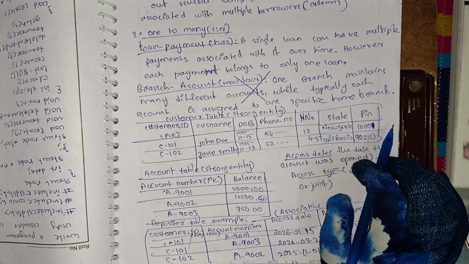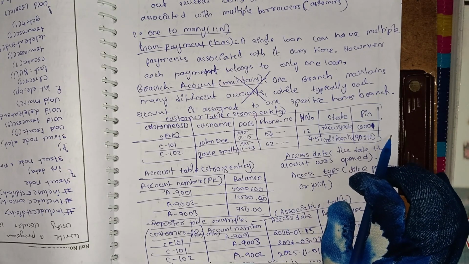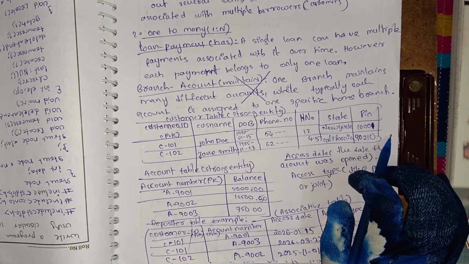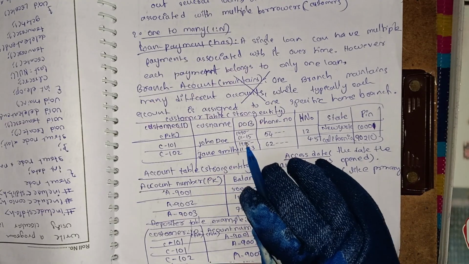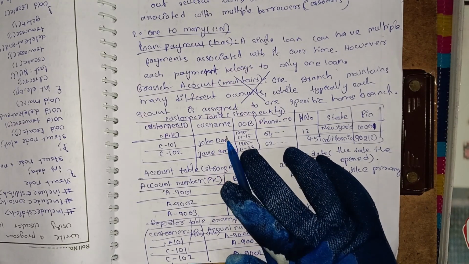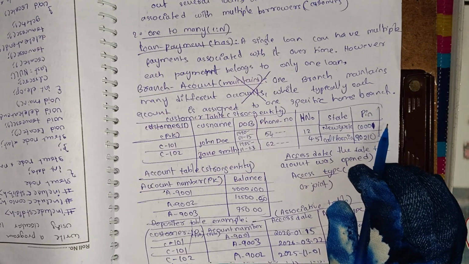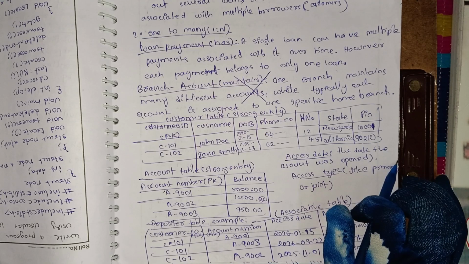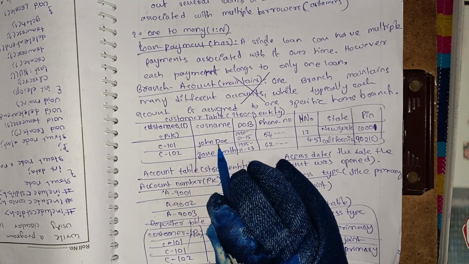In the many to many relationship, a customer is holding multiple accounts. One customer holds many accounts, means A9001, A9002, like that some more are there. That customer is John Doe.